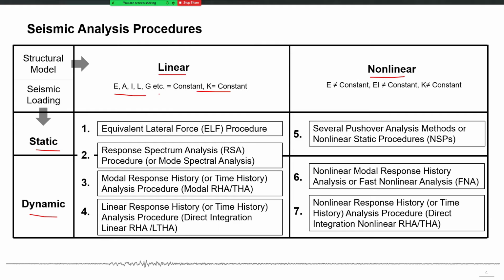All the parameters, material properties, cross-sectional properties which contribute to the stiffness matrix of your structure, they all are constant. So the ELF procedure is applied on a linear computer model, and the seismic loading is idealized as static.